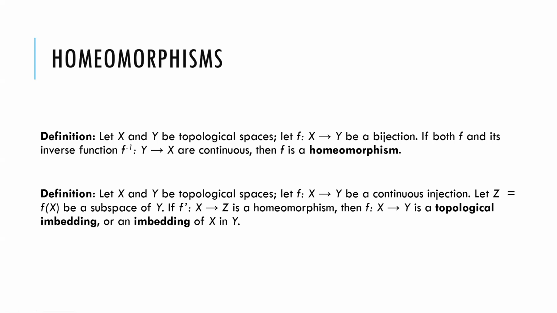And if X and Y are topological spaces and f mapping X into Y is a continuous injection, then Z, which equals f(X), would be a subspace of Y. And if f prime, which maps X into Z, is a homeomorphism, then f mapping X into Y is a topological embedding of X in Y.